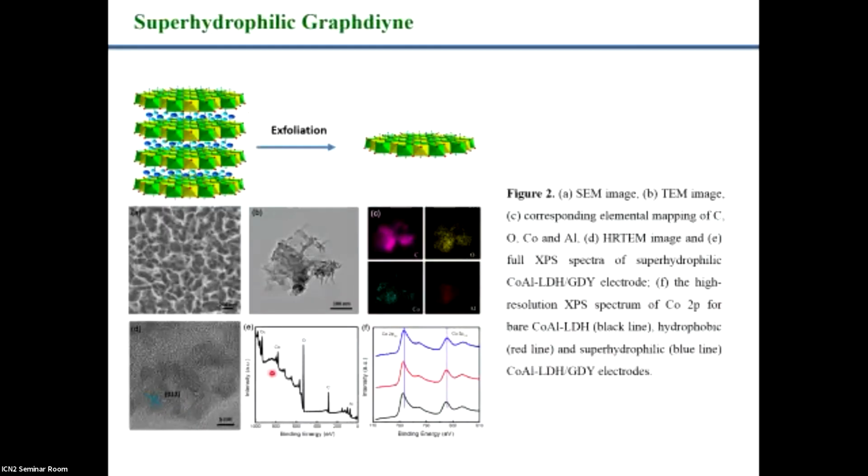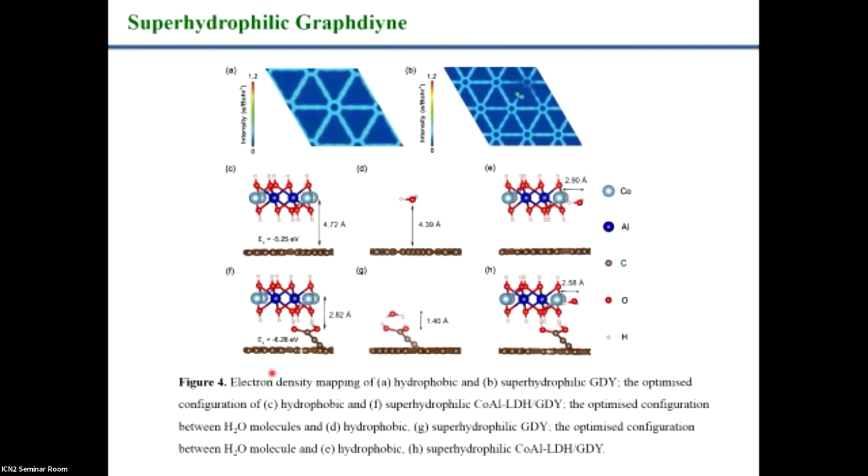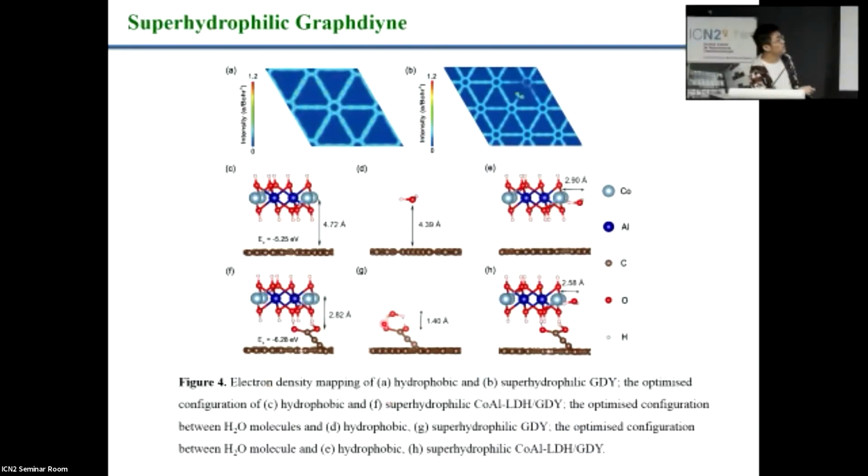And here is our DFT calculation. We introduce the carboxyl group, and this is the optimized configuration. We can see the water can be attracted, and the catalyst can also be attracted. This is LDH, and this line is super hydrophilic.